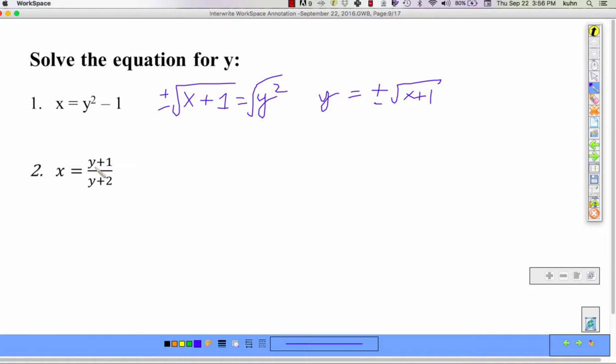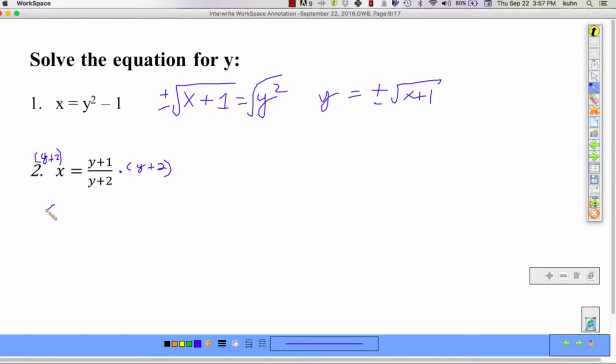Now this next one is going to be the big one. This is the big thing that you're going to have to do when doing this lesson. If I'm going to solve this for y, the first thing I need to do is get y plus 2 out of the denominator so I can work with this thing.